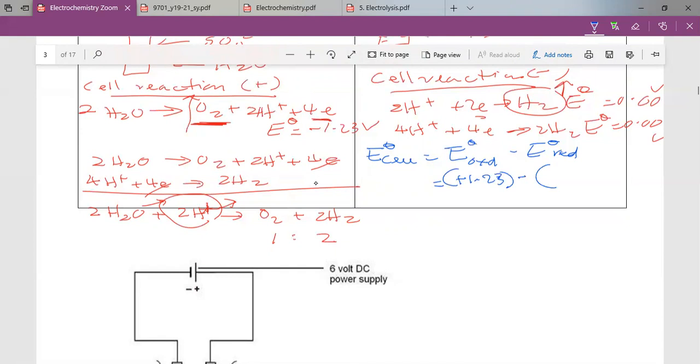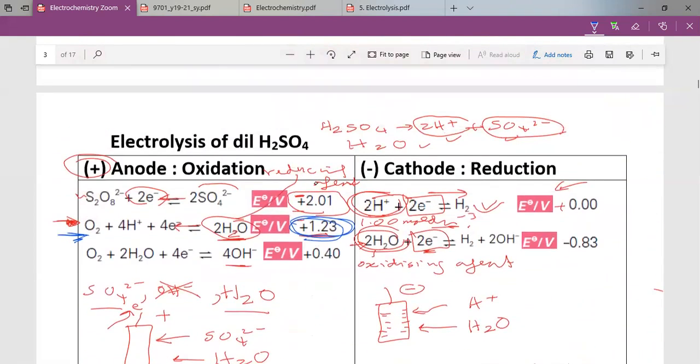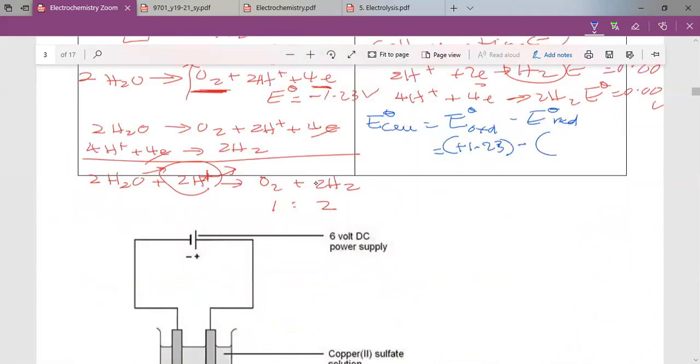Minus reduction, of course, we take H plus here, which is 0. So it's 0.00. So the minimum energy must be positive 1.23 volts. That means your battery must have the minimum of this voltage to cause electrolysis to occur in the dilute sulfuric acid.